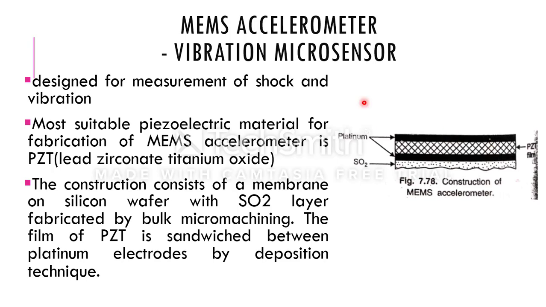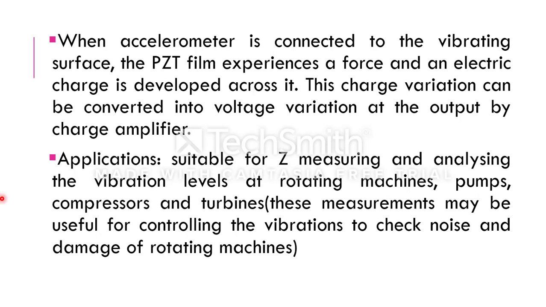We have already seen vibration sensors and load cells, similar to that. When a load is given here, there is a change in the capacitance between these two plates, and that is how we can measure the vibration in terms of frequency and amplitude. You can see here when an accelerometer is connected, and also the applications given. Go through this.